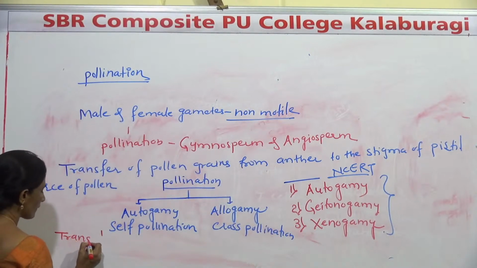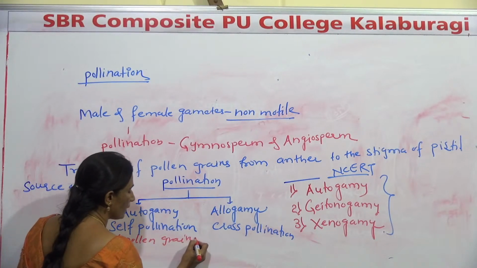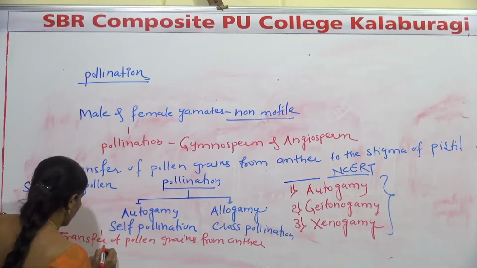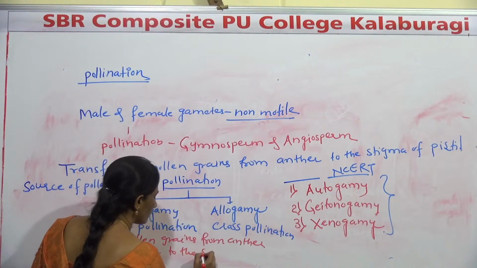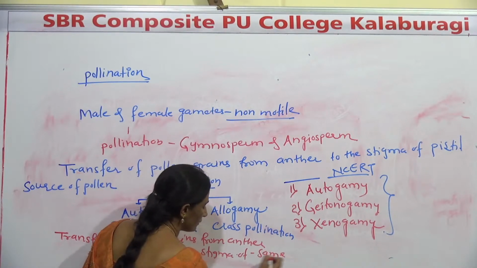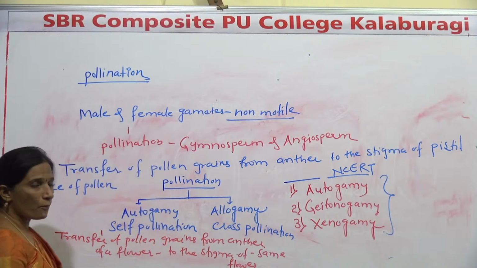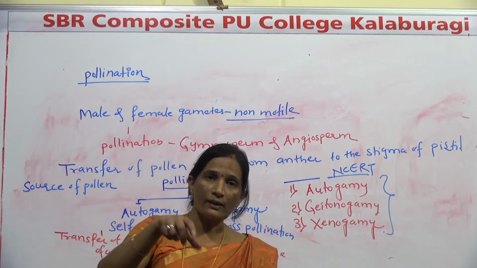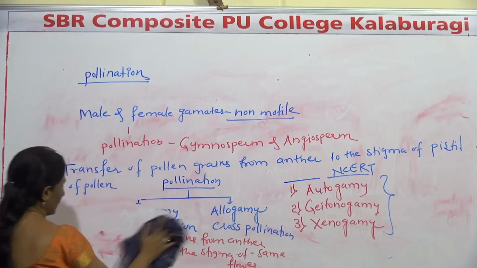Self-pollination means transfer of pollen grains from the anther of a flower to the stigma of the same flower, and it is also called autogamy. It means that within a flower pollination takes place, and that is called self-pollination.